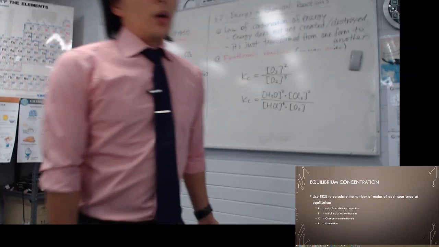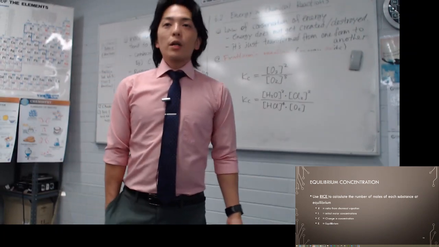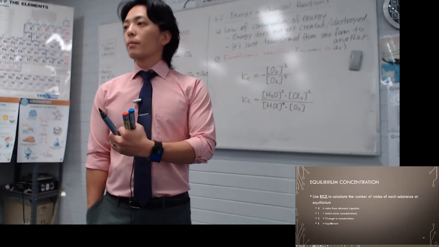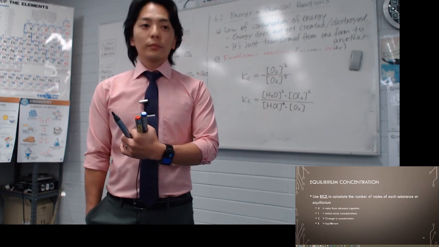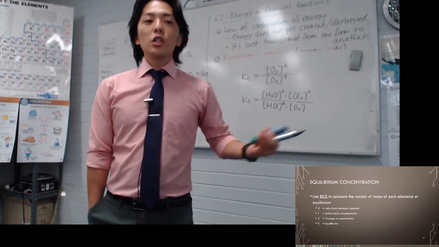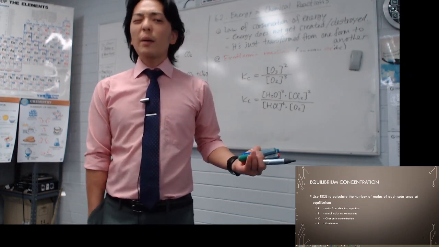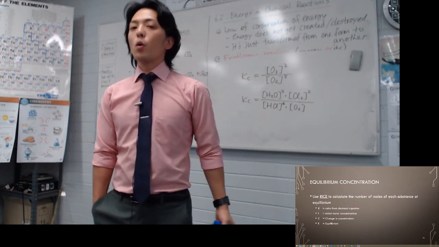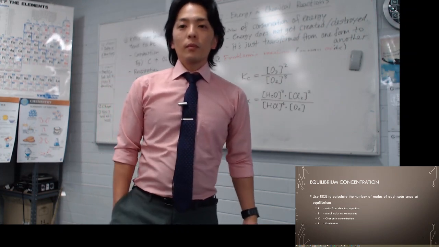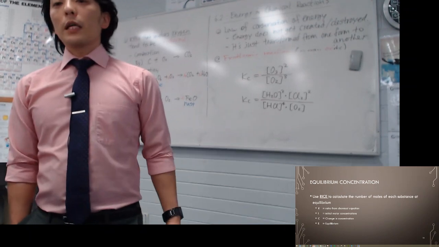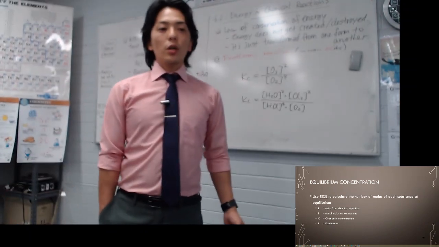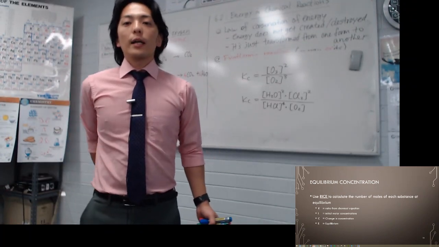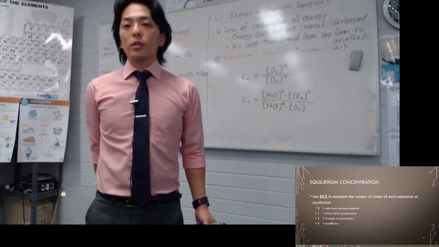RICE stands for ratio from the chemical equation, so the ratio of species. I is for initial molar concentration, or number of moles if all of them are given in moles. C is the change in concentration, and E is for equilibrium concentration.